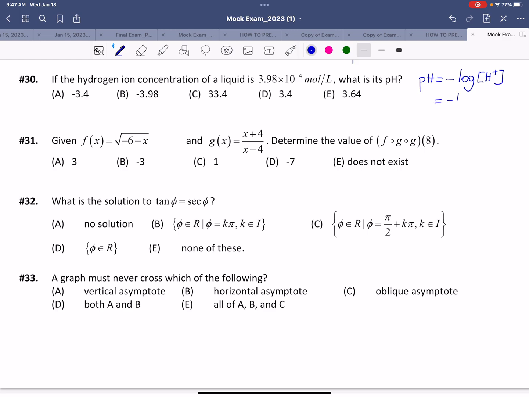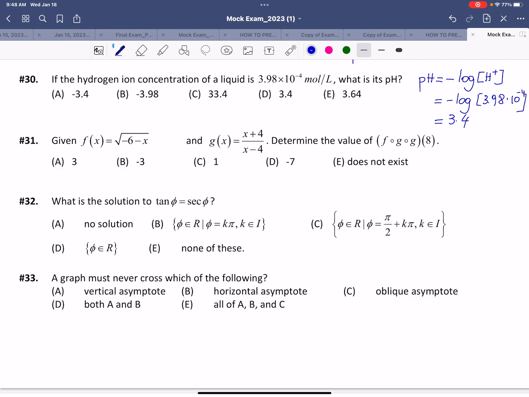So therefore, we have negative log, the concentration is 3.98 times 10 to the negative 4, which means that, simply use a calculator for that, press log, base 10, 3.98 times 10 to the power of negative 4, and the answer I got here is 3.4.